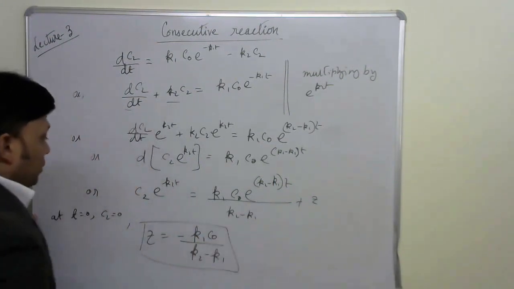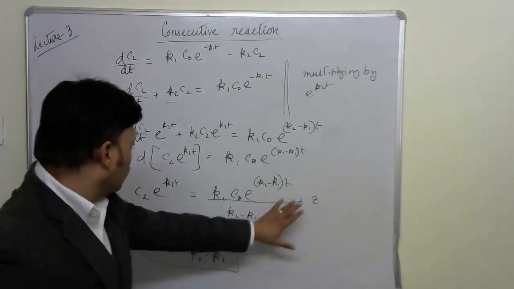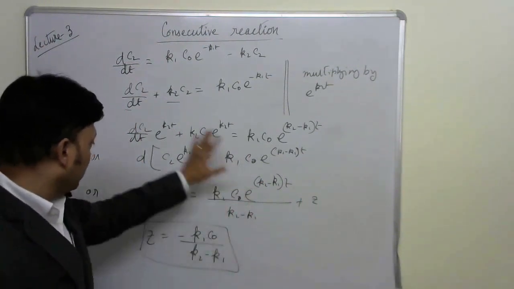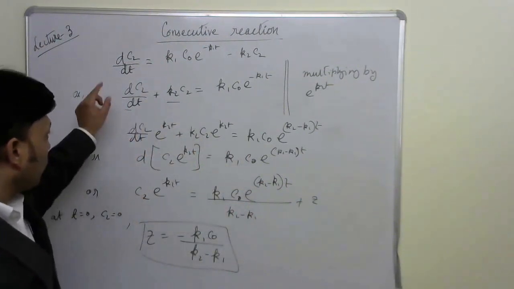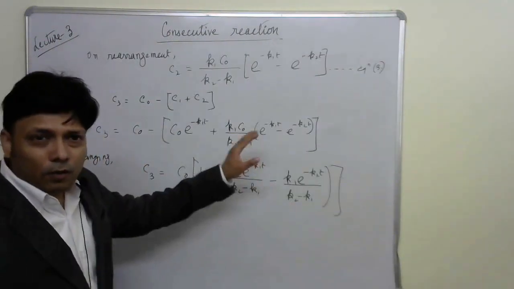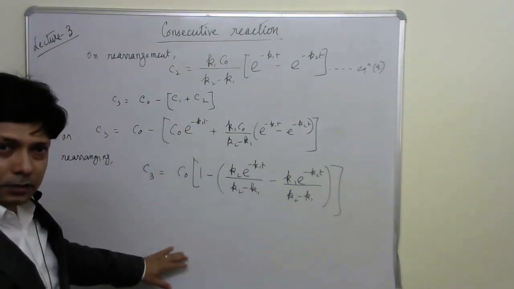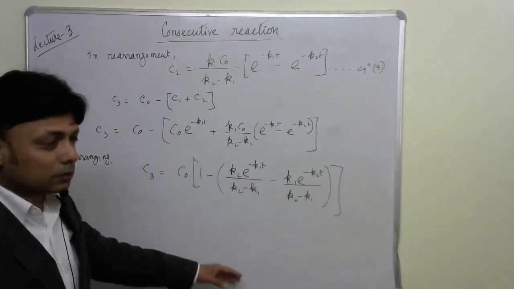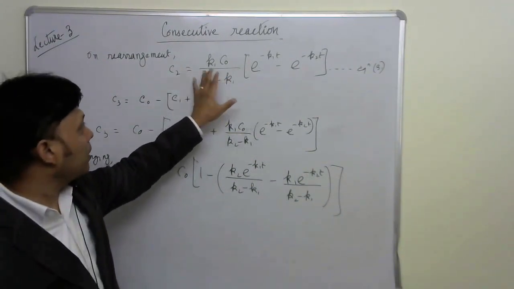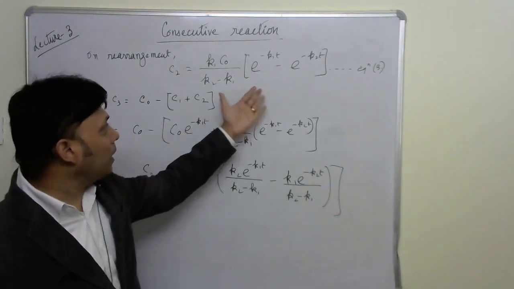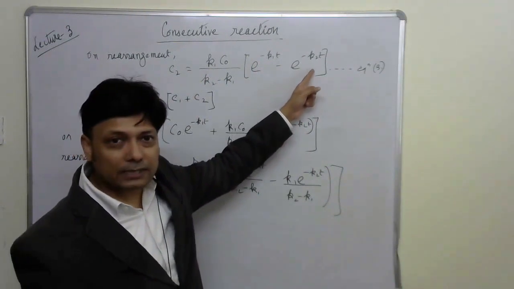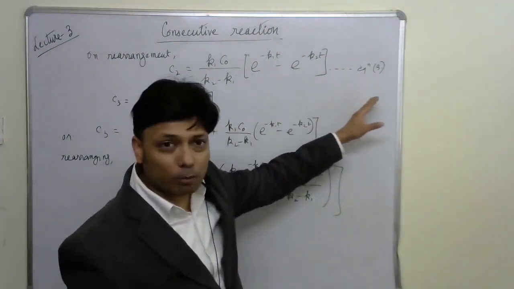Okay. So then if we put the z value over here and rearrange everything, we can easily find the expression for C2, which I'm going to clean the board and write. So if we rearrange the last part of the equation that we got, it gives us C2 is equal to K1 multiplied by C naught divided by K2 minus K1, multiplied by this expression: e to the power minus K1t minus e to the power minus K2t, and we call that equation number 3.